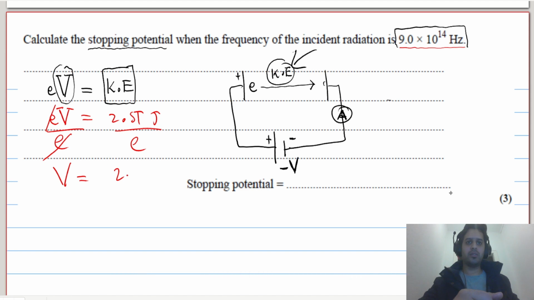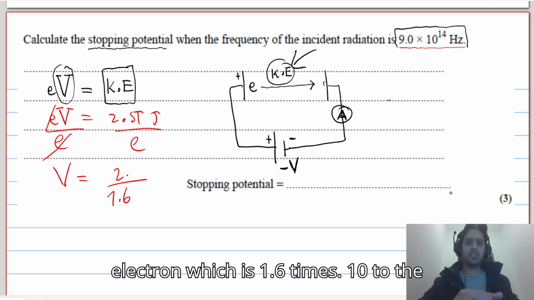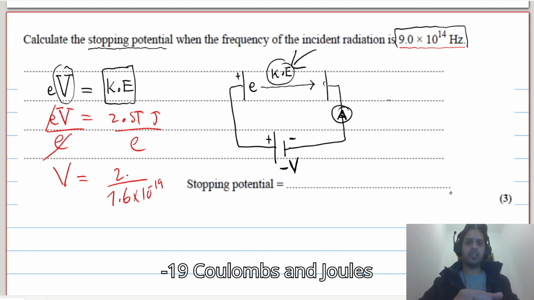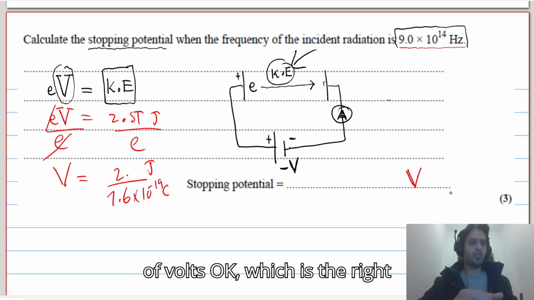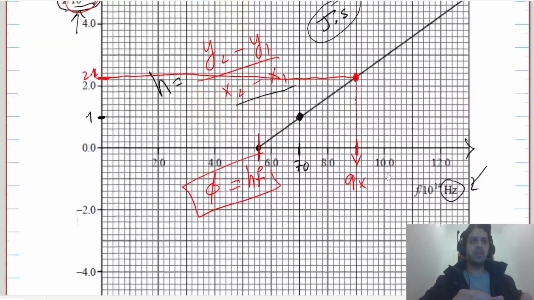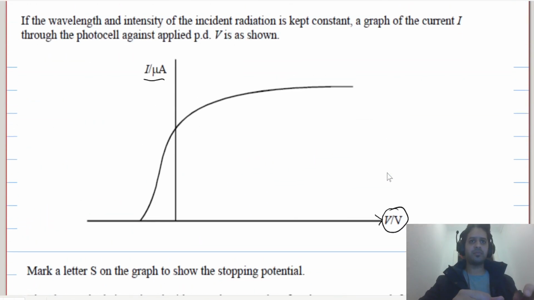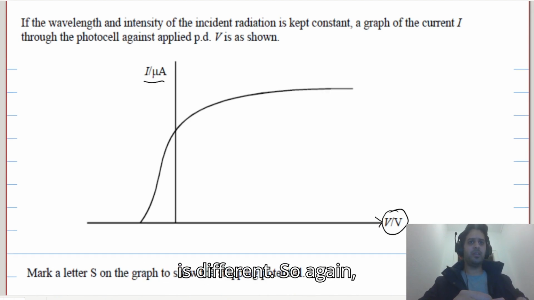So 2 point something divided by the charge on electron, which is 1.6 times 10 to the negative 19 coulombs. And joules per coulomb will give you the units of volts, okay, which is the right unit for stopping potential.